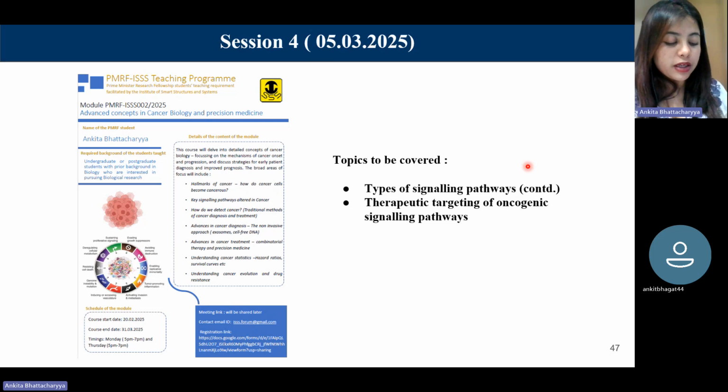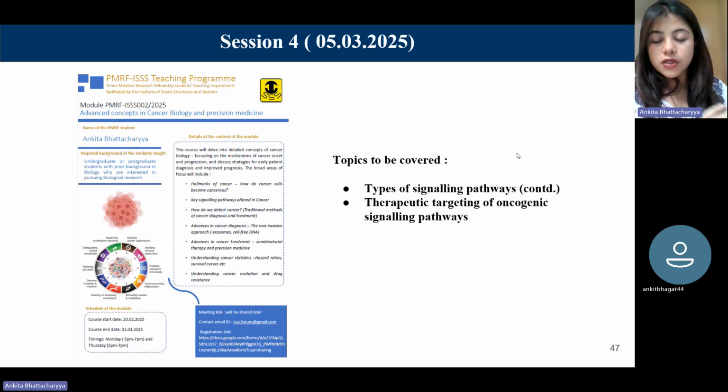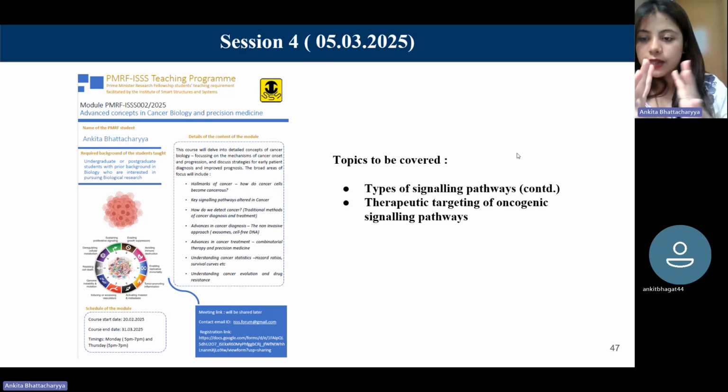So the approach taken towards cancer treatment is to try and mitigate the disease, which means that A, you try to stop the disease from progressing further. B, you try to minimize the disease. Basically, you don't want it to spread everywhere, which will make its removal or the recovery process a lot more complicated. Instead, you localize it or push it into one place.